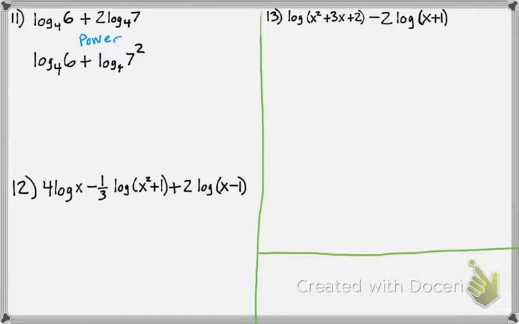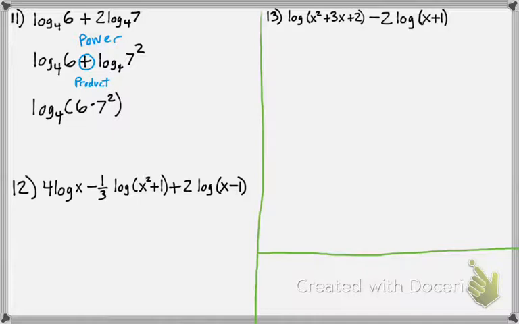Next, I want to use the product rule because of that plus sign there. So with that, that's going to be log base 4 with parentheses, and that's going to be 6 times 7 squared.